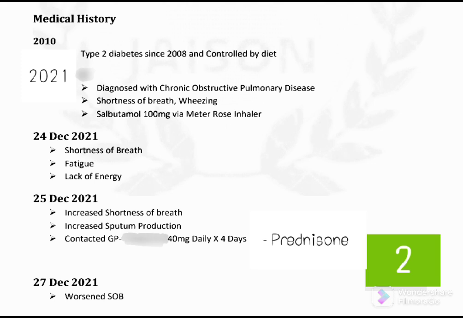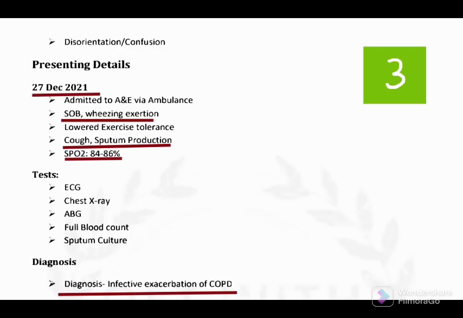On 27 December 2021, the patient's condition worsened. Disorientation and confusion started. This patient was admitted to the emergency department by ambulance with shortness of breath, wheezing on exertion, lowered exercise tolerance, cough, sputum production, and his saturation was very low in room air.